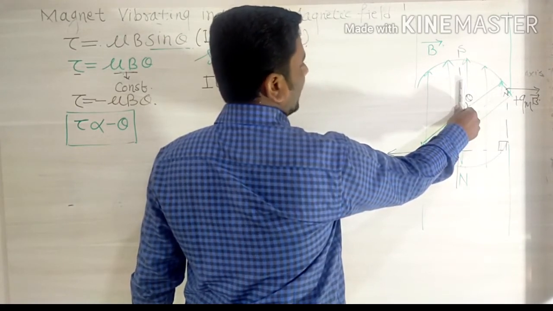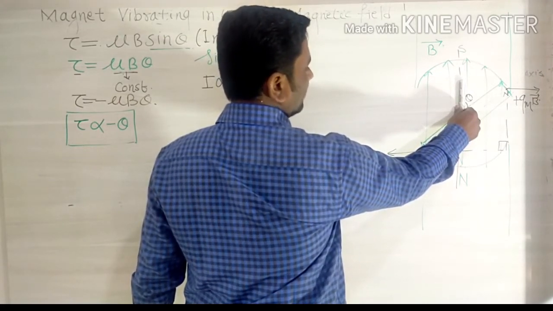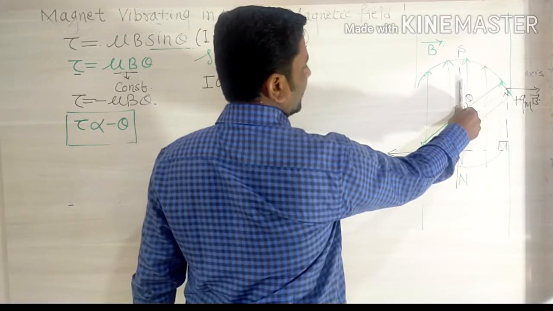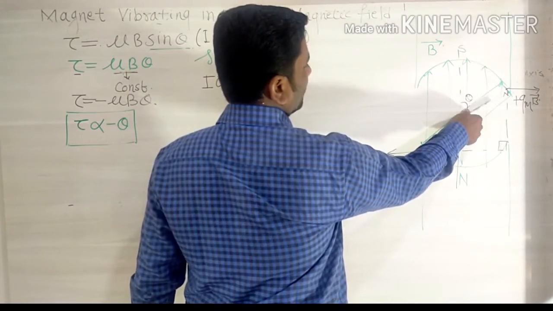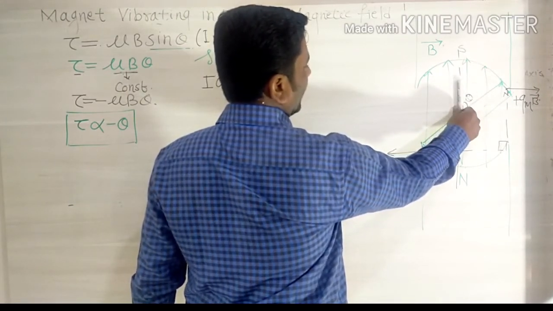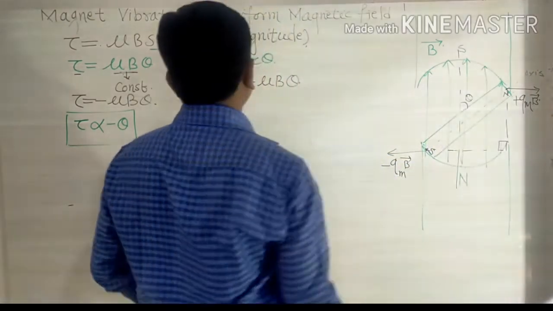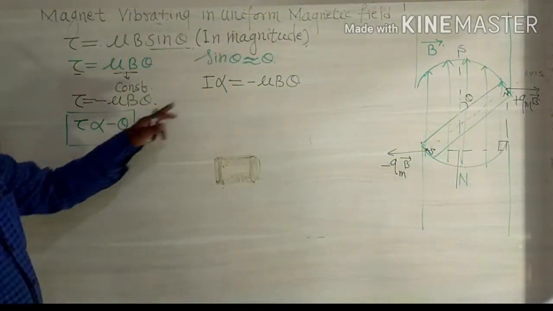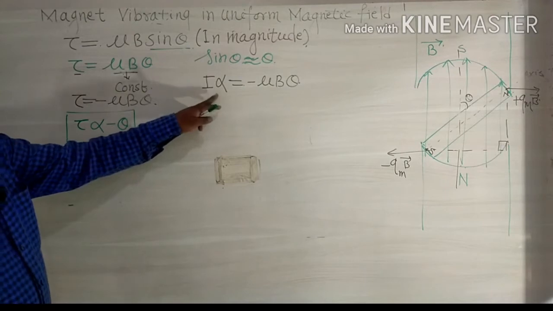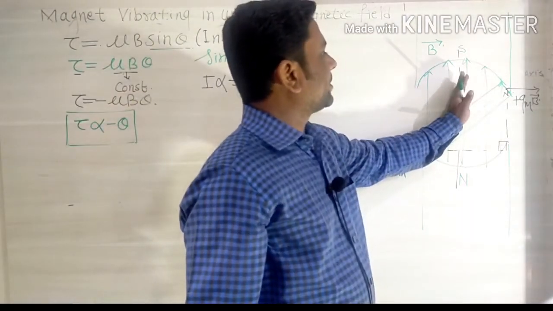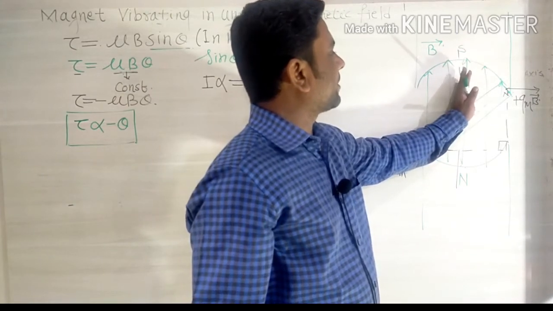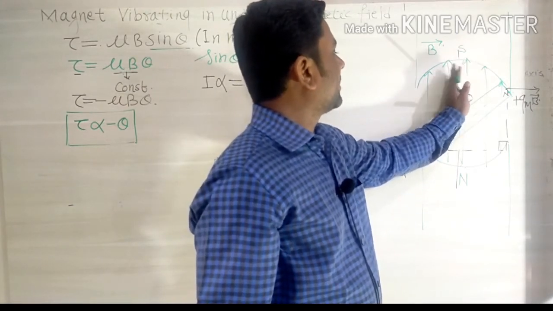We know that the bar magnet has mass m and inertia of that bar magnet is I, the moment of inertia, and it performs rotational motion about an axis. So that's why the torque acting upon it is equal to I alpha, and due to the angular acceleration at that point, the bar magnet does not stop, it again displaces.